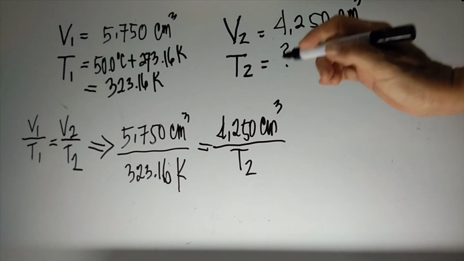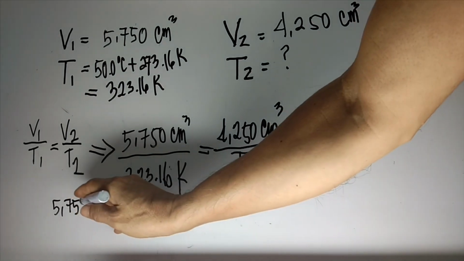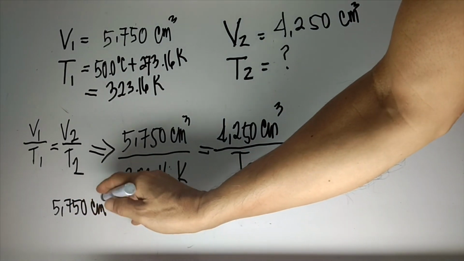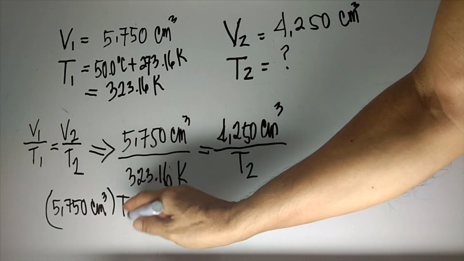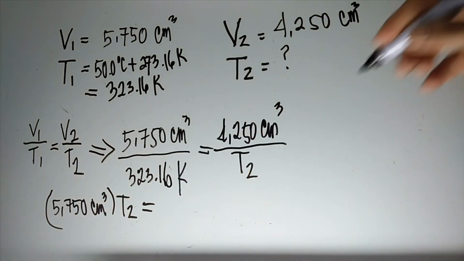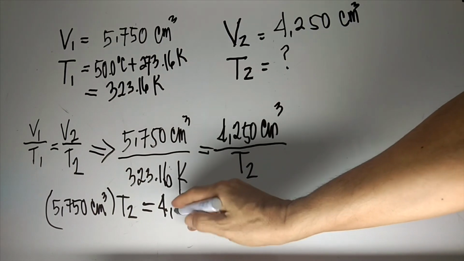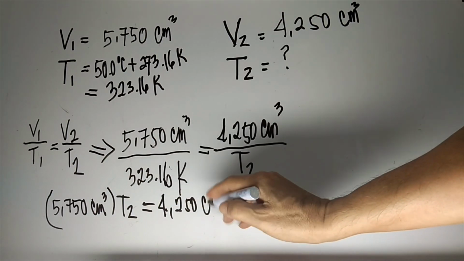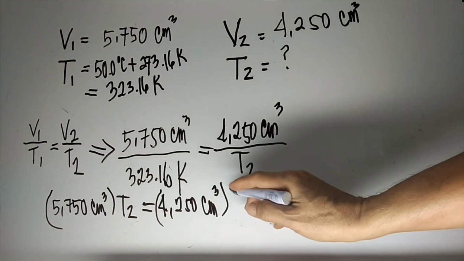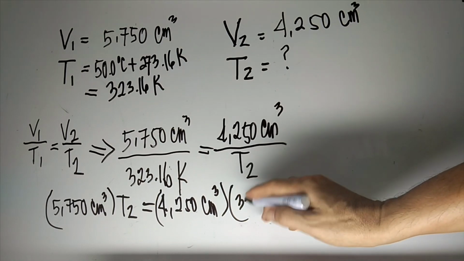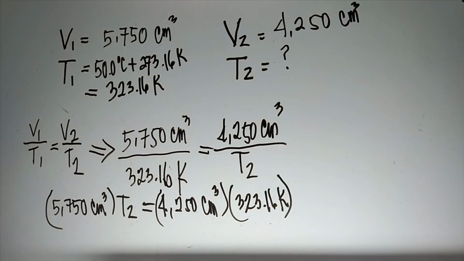So this will become 5,750 cubic centimeter times T2 is equal to 4,250 cubic centimeter times 323.16 Kelvin.